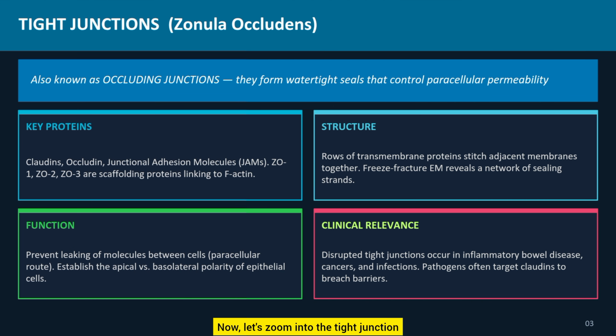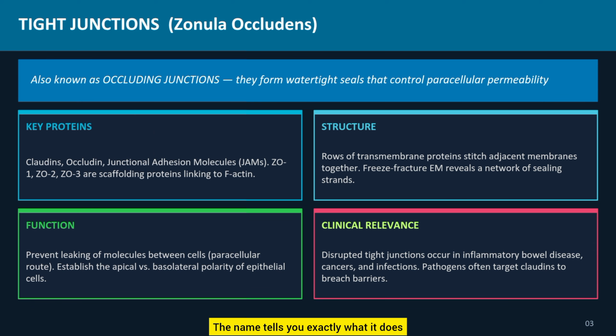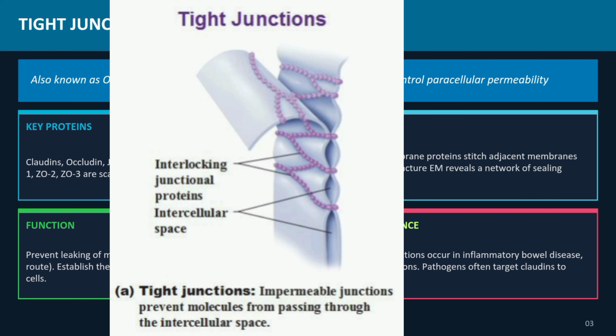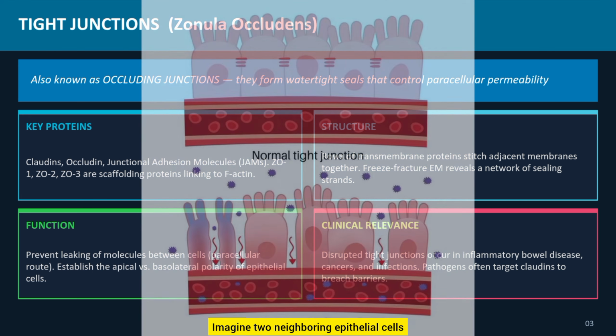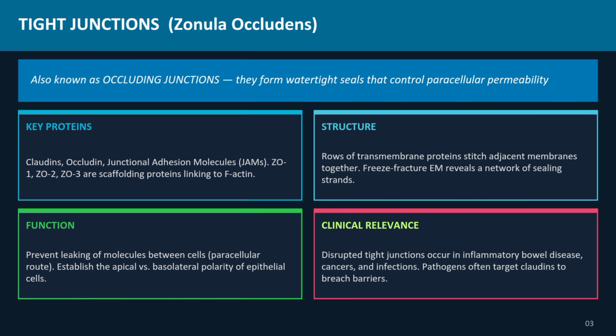Now let's zoom into the tight junction, also called the Zonula occludens or occluding junction. The name tells you exactly what it does: it occludes, it seals. Imagine 2 neighboring epithelial cells. At their apical border, proteins from one cell literally stitch into proteins of the adjacent cell, creating a watertight seal between them. This prevents molecules from sneaking through the space between cells, what we call the paracellular route.